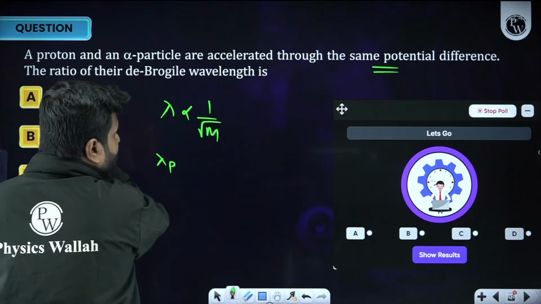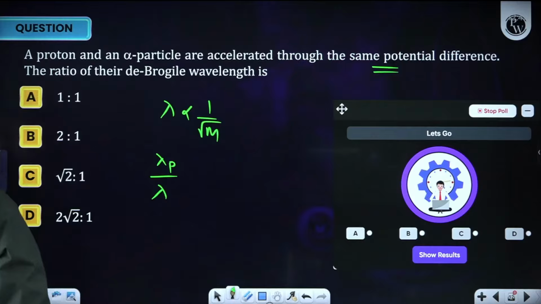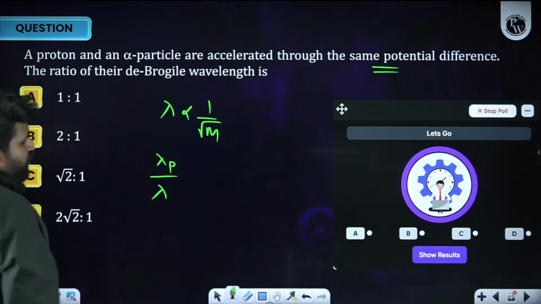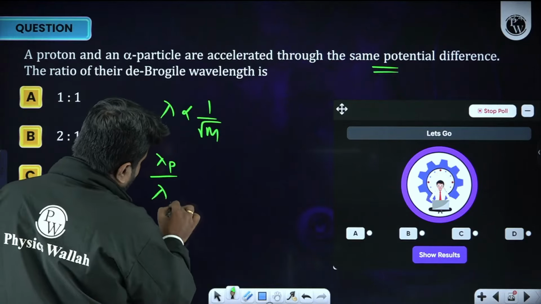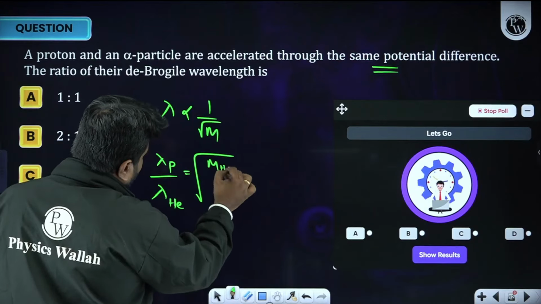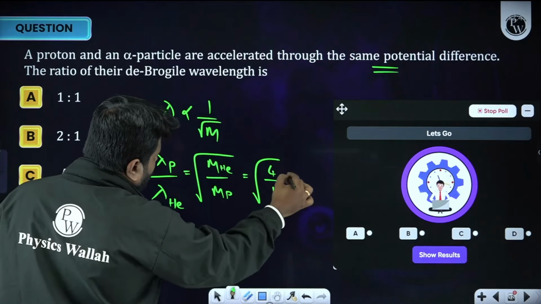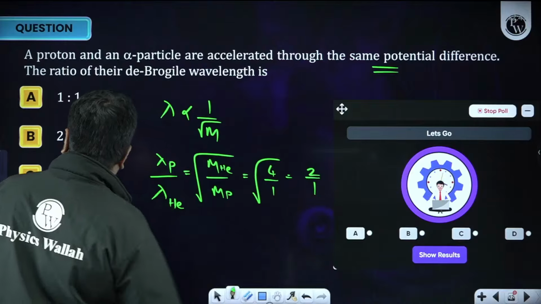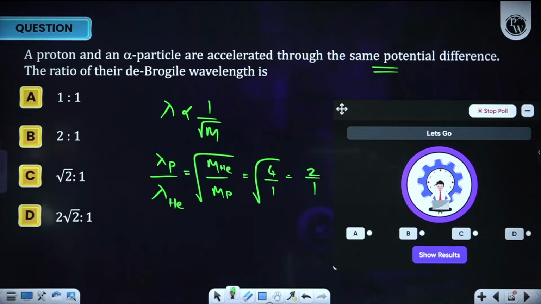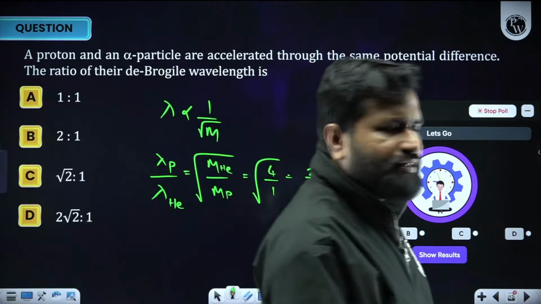What is an alpha particle? An alpha particle is nothing but a helium nucleus. So root of mass of helium upon mass of proton, so root 4 upon 1. It is nothing but 2 by 1. So what is the answer we are getting? Option 2:1. How is everyone telling answer D?